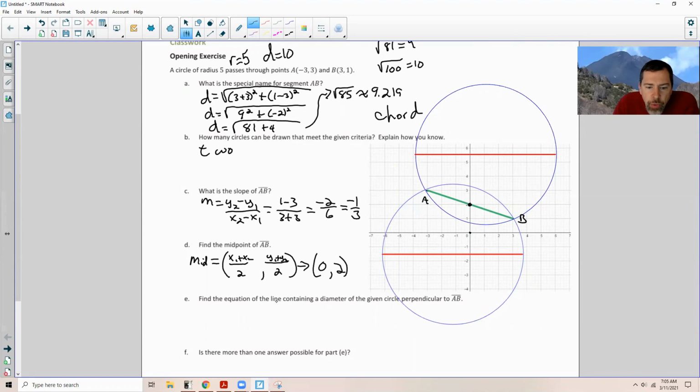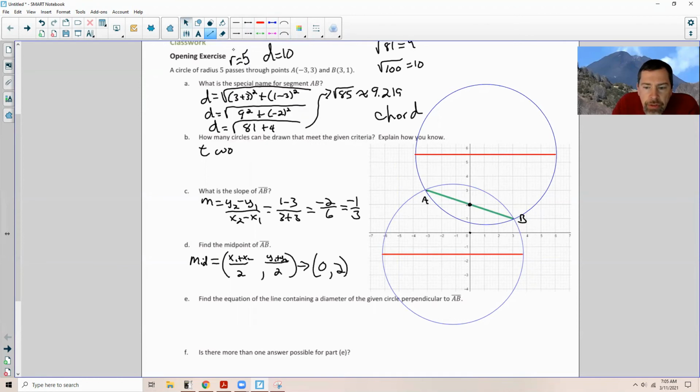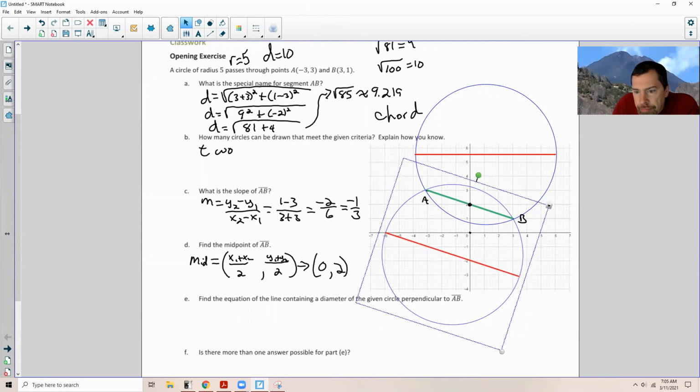E says find the equation of the line containing the diameter of the given circle perpendicular to AB. So what they're asking for in this situation is, here's AB. Here's the diameter down here, or here's the diameter up here. But we would have to rotate these circles that I drew so that the diameter is parallel.